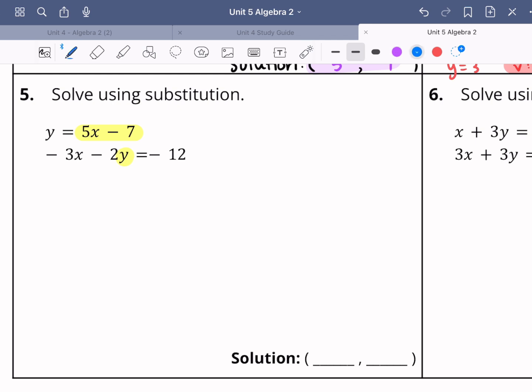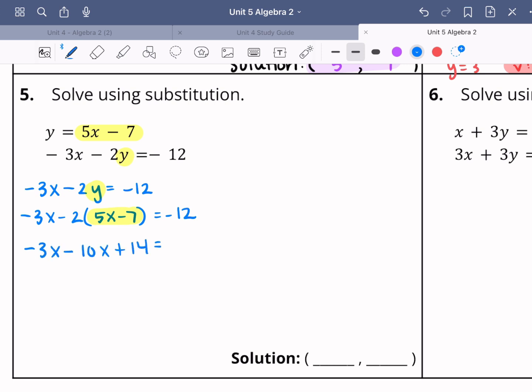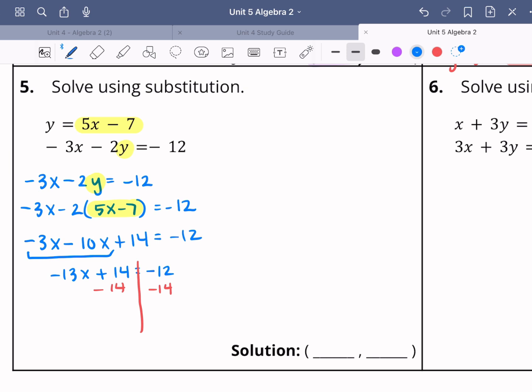So I'm going to rewrite negative 3x minus 2y equals negative 12. And because y equals 5x minus 7, that is going to go in place of y. From here, we're just going to solve it. And I end up getting x equals positive 2.